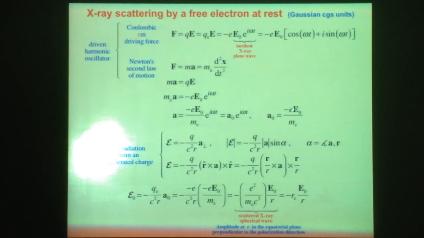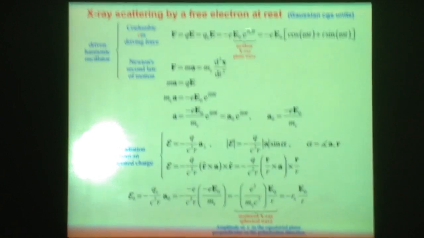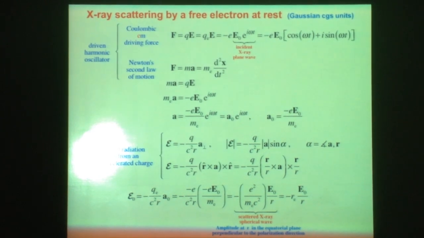So if we are writing for a0 in this way, it just comes from this collection of factors. Now we apply this Thomson equation for the radiation from an accelerated charge, right? Just as we looked at on the preceding slide.